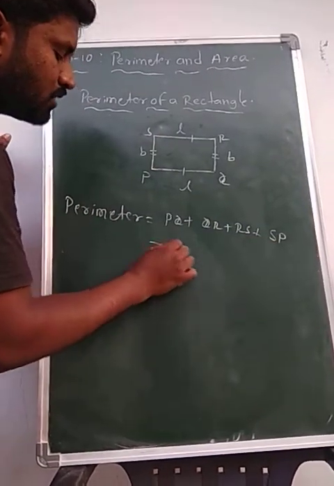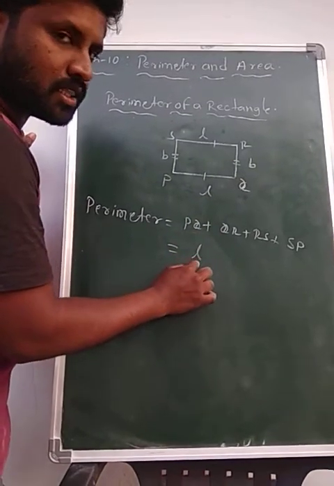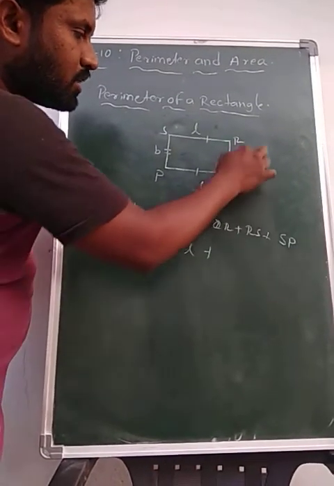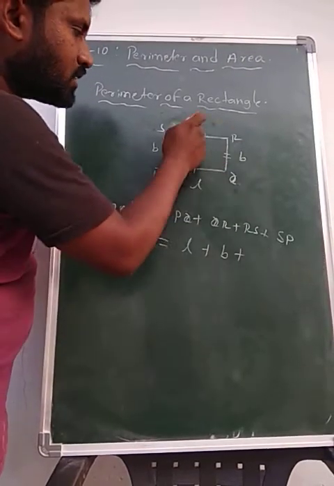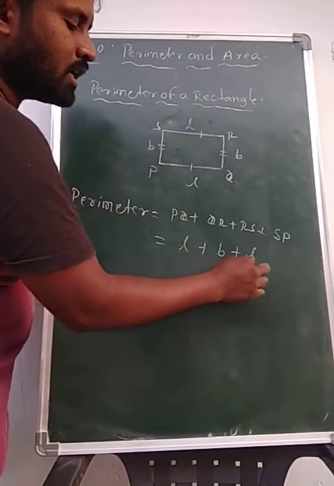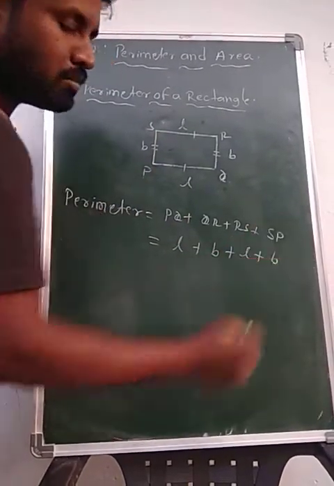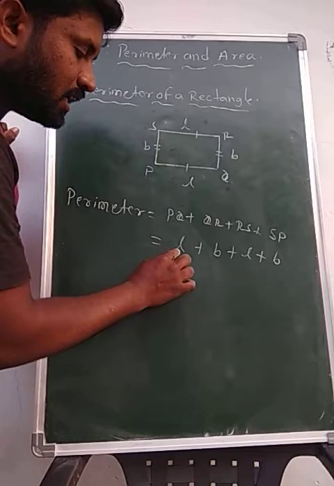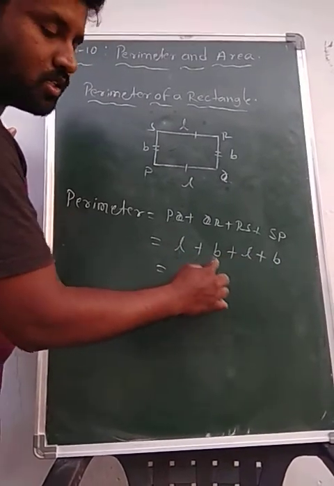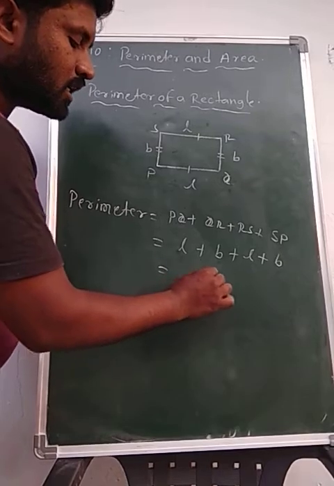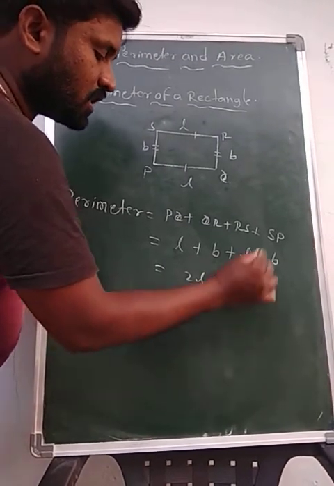PQ is L, the length, plus QR is breadth, plus RS is also length, plus SP is breadth. Now here, two L's are there and two B's are there. So L plus L is 2L, plus B plus B, that is 2B.